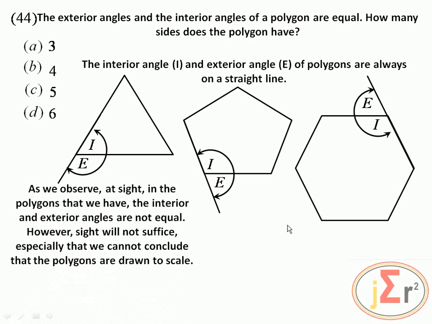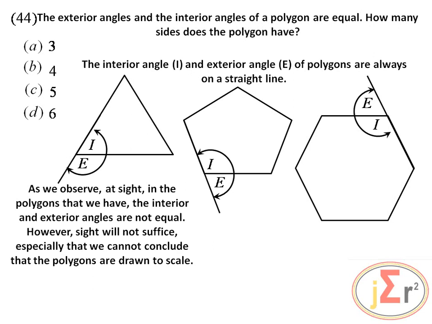As we observe at sight, in the polygon that we have, the interior angles are not equal. However, sight will not suffice, especially since we cannot conclude that the polygons are drawn to scale. So at sight, it will appear as if those angles are not equal, but we cannot conclude since they are not drawn to scale.